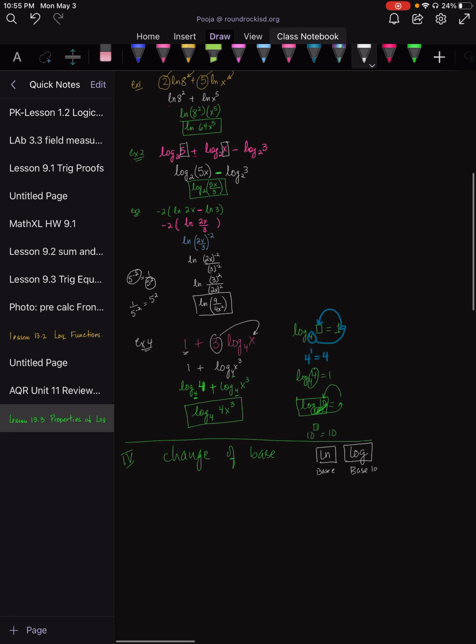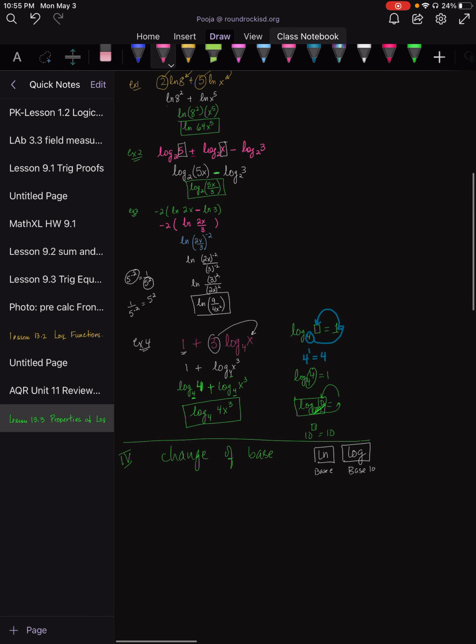All it says is, if you have log to any base A of M, and you're not able to handle that base A, let's say that base is besides 10 and e, some other base, 5, 6, 8, 9, 11, this problem can be converted into a quotient problem.